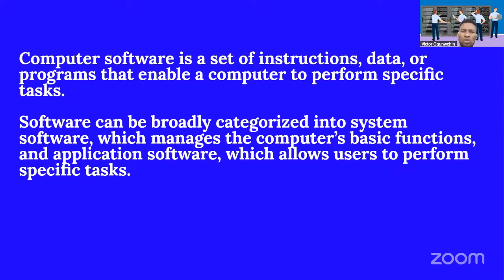Maybe it's MS Word, or a browser. Chrome is application software, which a user uses to browse, to get data, to do research, to search for anything. It could be games, a word processor like MS Word, or Excel. All of those are application software. So let's take a look at that in the next image.